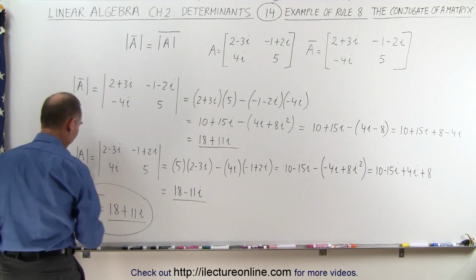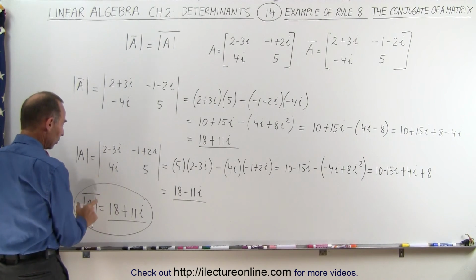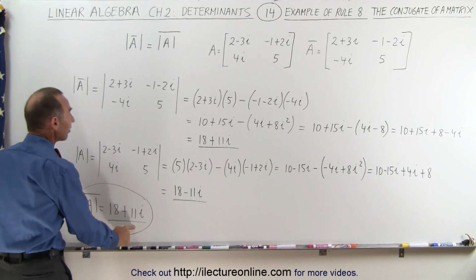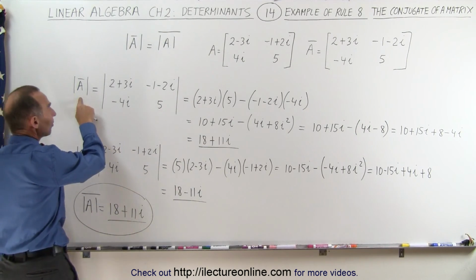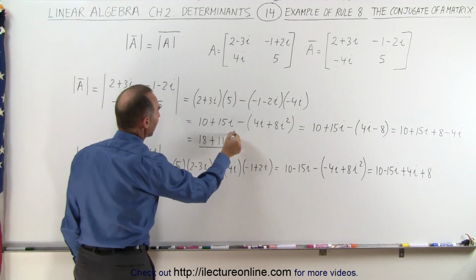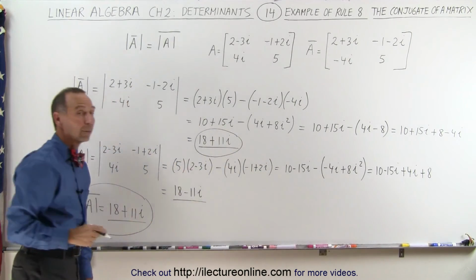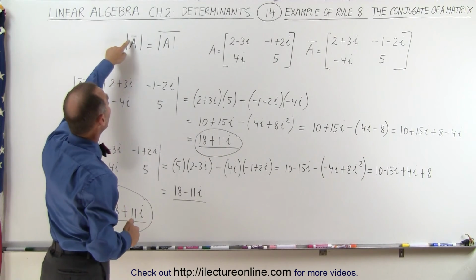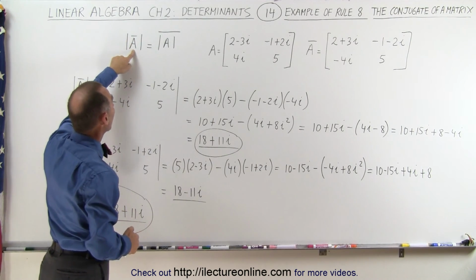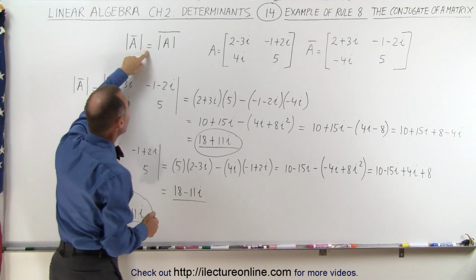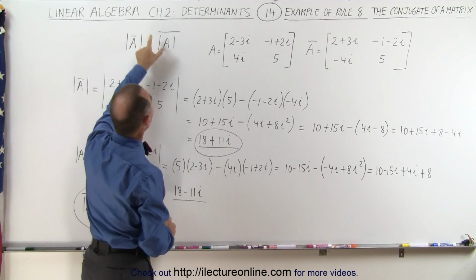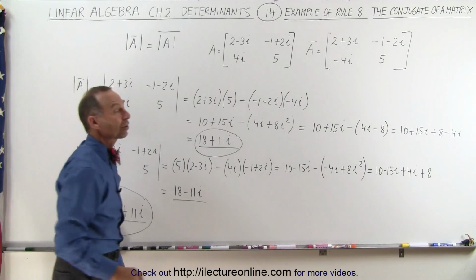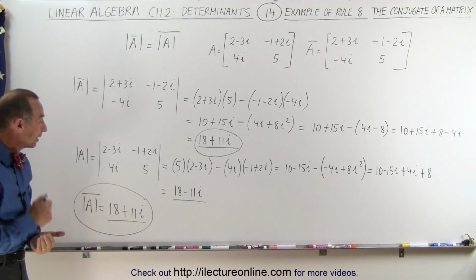I should go like this. This is for the whole thing, right? So this is equal to 18 plus 11i, and you can see that this is also equal to 18 plus 11i, which shows that if you take the determinant of the complex conjugate of a matrix, that is equal to the complex conjugate of the determinant of that same matrix. And this is how we know that that works.